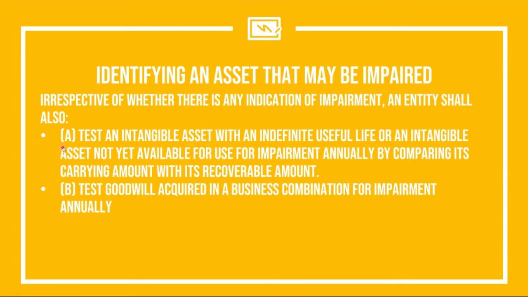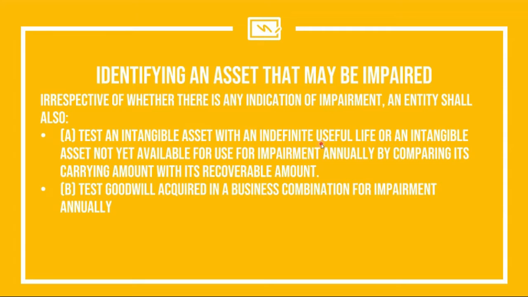So for items A and B, regardless if there is an indication or there are no indications for impairment, you still test it. Okay? And the basic rationale for doing this is because the items have indefinite life.